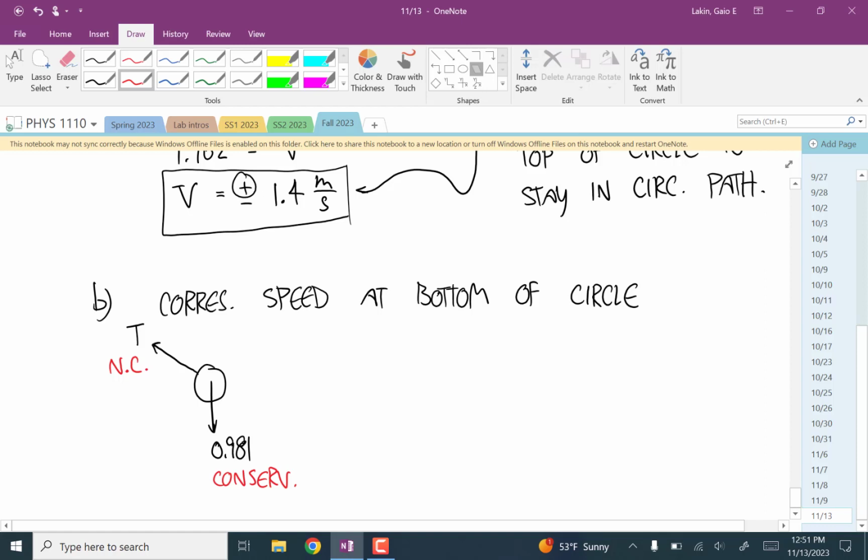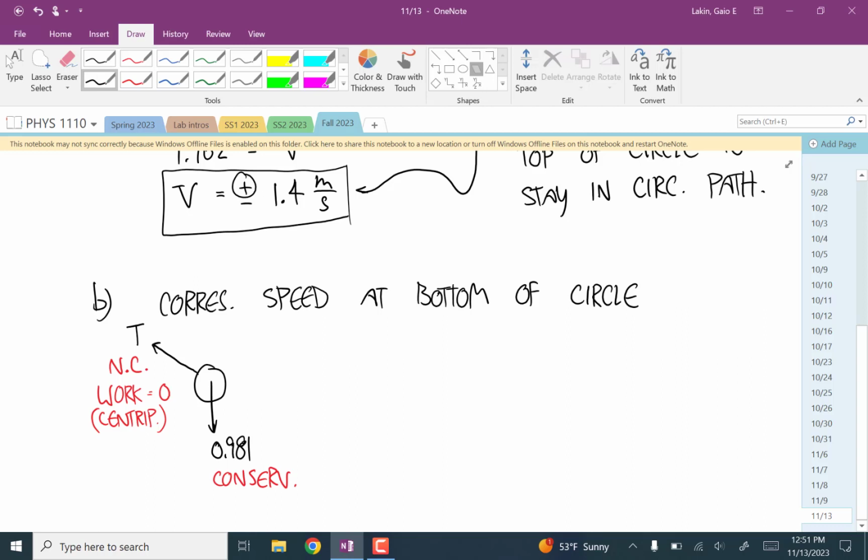So the work is equal to 0, because this is a centripetal force. So we can use conservation of mechanical energy. Does that make sense on this one?